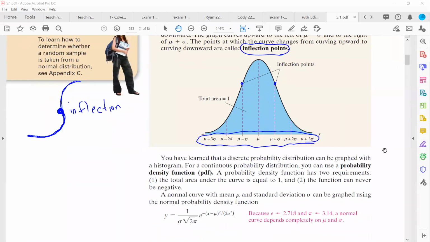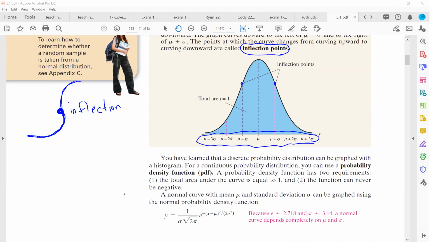What's next? Definition of probability density function or PDF. So far you have learned that for discrete probability distribution, it can be graphed using a histogram. For continuous probability distribution, you can use a probability density function.